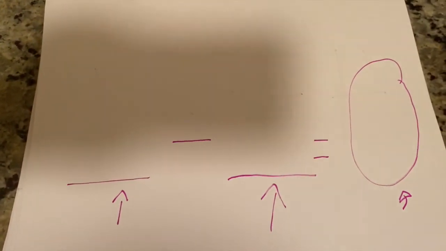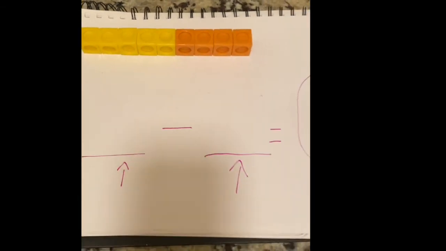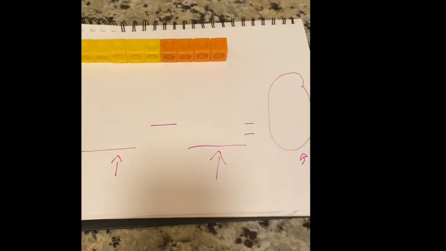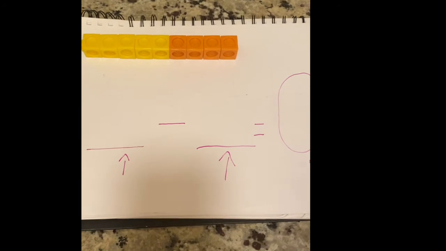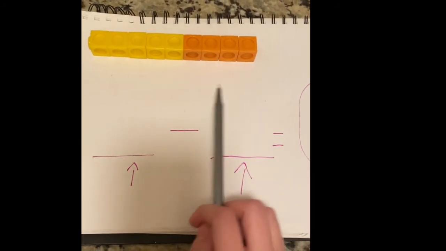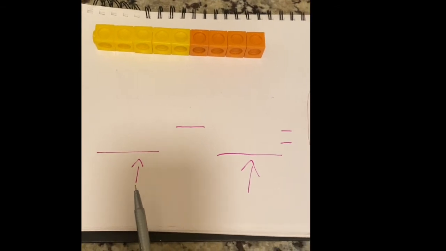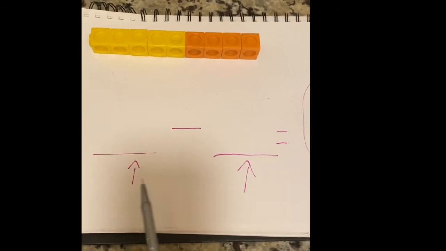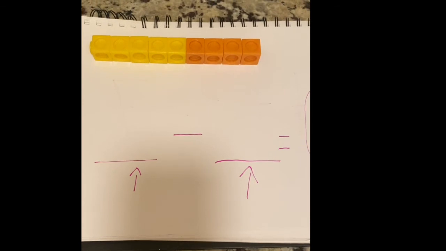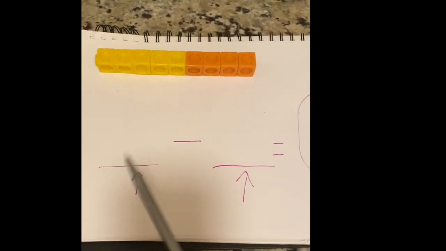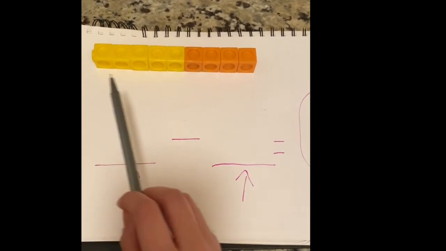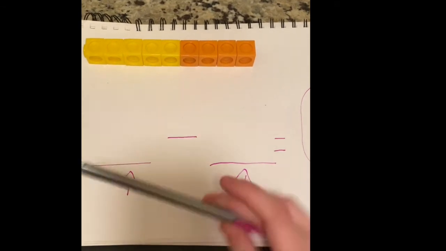So let's get started. Okay, so for our subtraction problems, friends, we're going to start with one long row of Unifix cubes. And to begin, we want to find out this number, the first whole number for our number sentence. And this number is the total amount of Unifix cubes, Keeble Cubs.